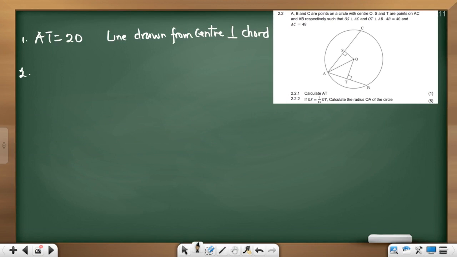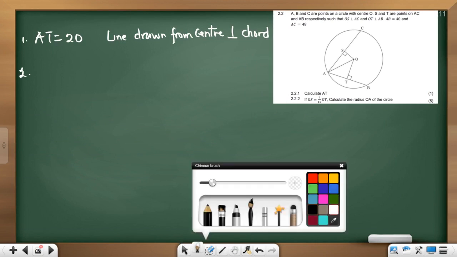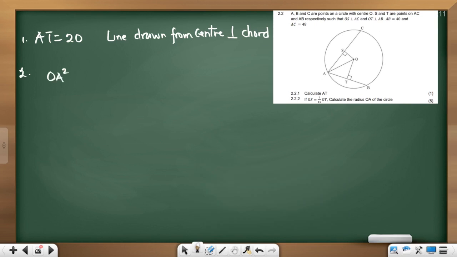Okay. So we come here and say OA squared equals what? OT squared plus AT squared. Remember, theorem of Pythagoras. So we can just write Pythagoras theorem. It's important to write that. By the way, we know our AT. We got AT already.